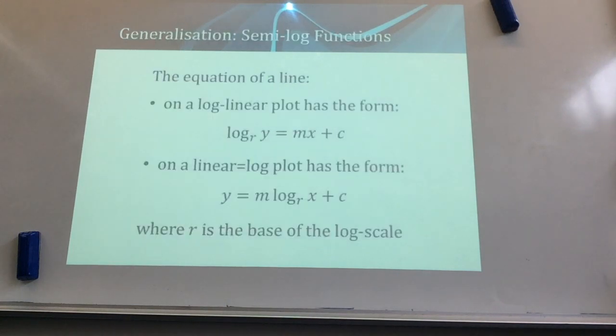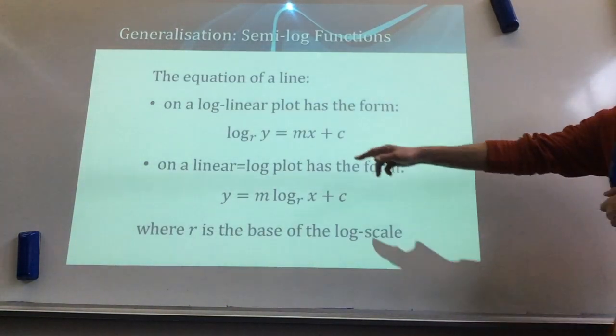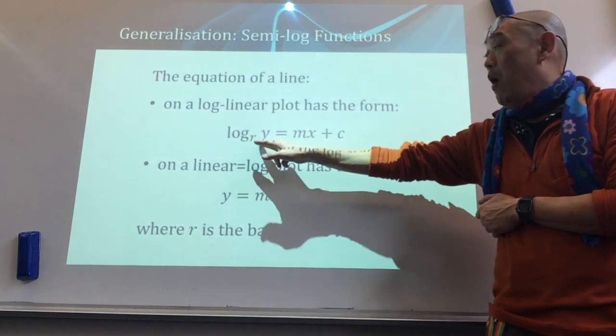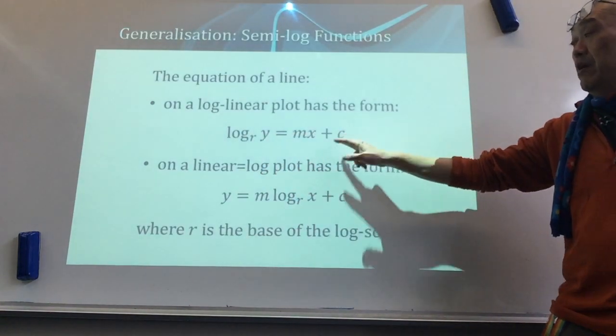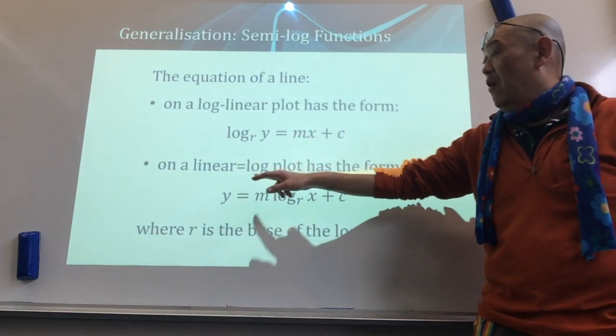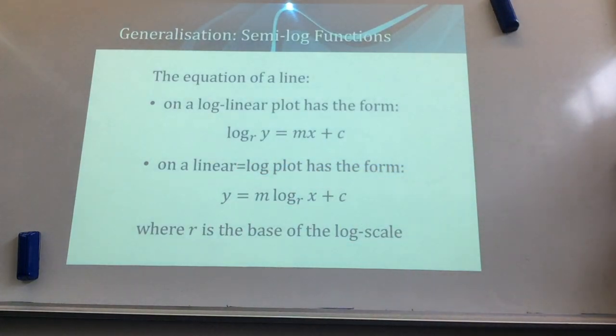All right, moving on. Now, it's just a generalization of semi-log function. So on the log-linear plot, you've got log y equals mx plus c, whereas on a linear-log plot, it has y equals m log x plus c, where r is the base of the log scale.